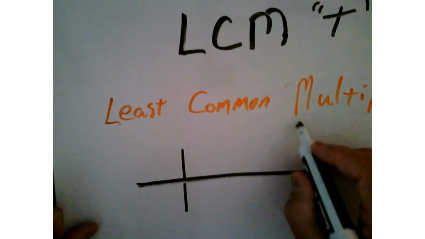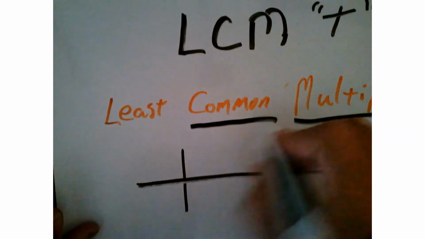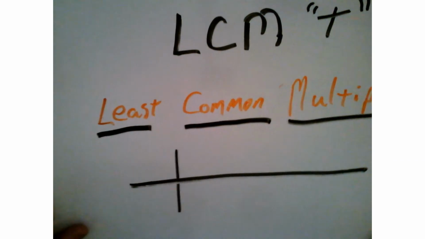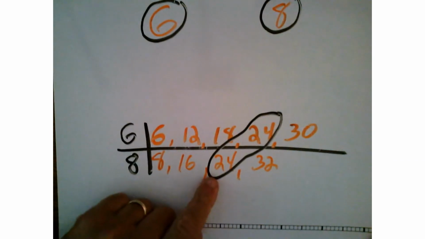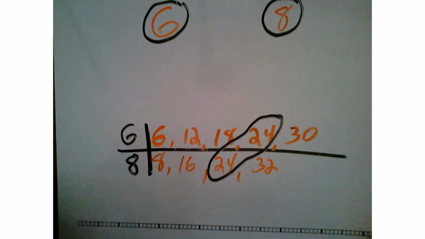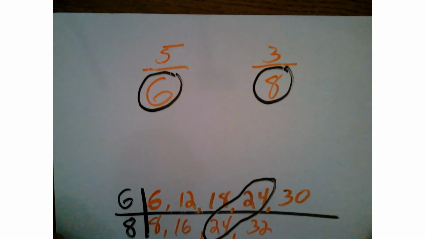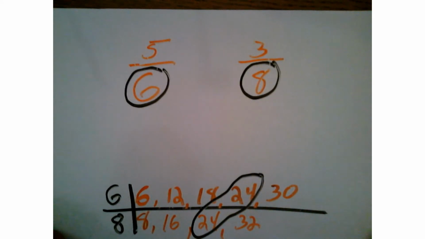So these are my multiples, and now I found one that's common, and this is the smallest one they have in common. The least common multiple is 24. Now, if I kept going, I'd find other multiples, like 48 would be a multiple also. But this is the least common multiple, and that's going to really help me when I'm finding the common denominator for these fractions.